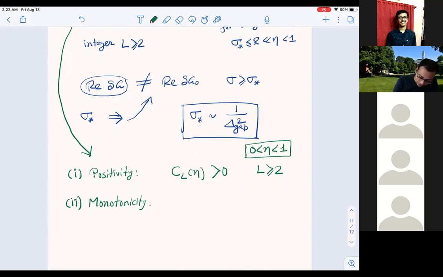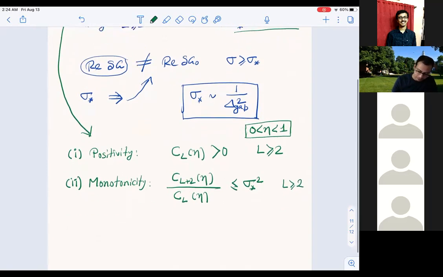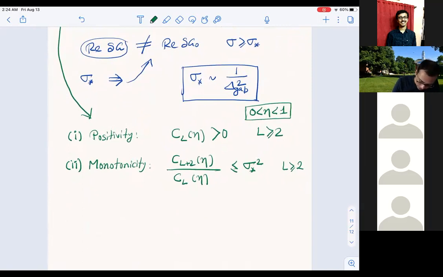The monotonicity condition is that you can just take the sum rule, and check that the ratio of C_L plus 2 and C_L is always suppressed by sigma star square. And sigma star, as I said before, is much less than 1, so this is a very small number. This is a parametric suppression. And the third condition is the condition of log convexity.